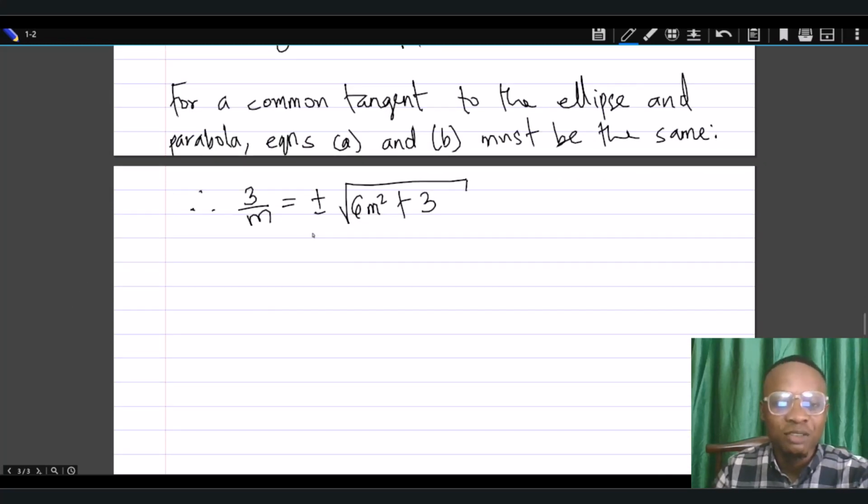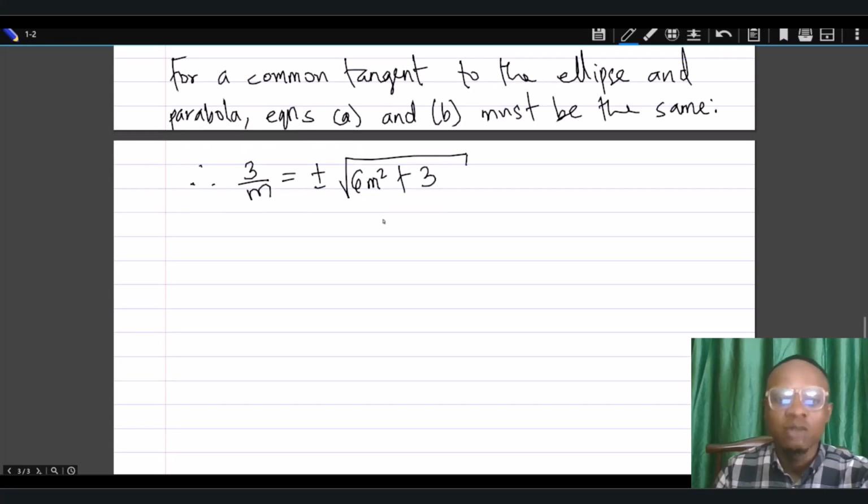We can now solve this equation to see what the value of m should be for there to be a common tangent to the two curves. For us to solve this completely, we can square both sides so that we will get rid of this square root sign. This is going to give us 9 over m squared equals 6m squared plus 3.